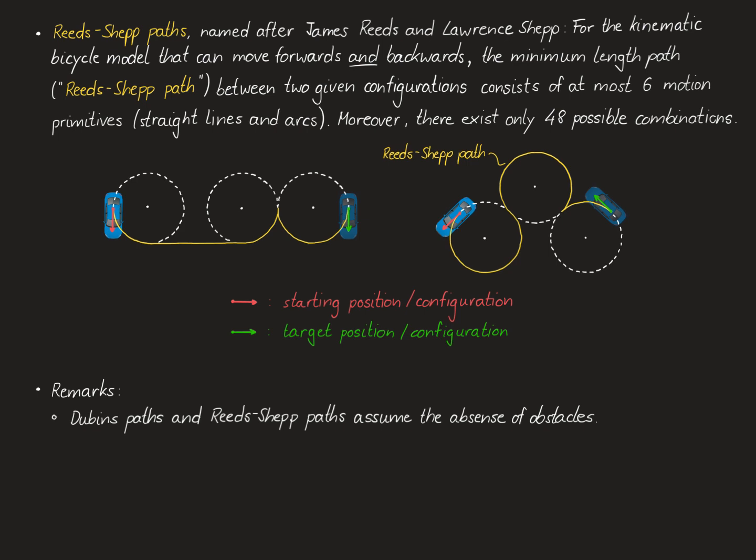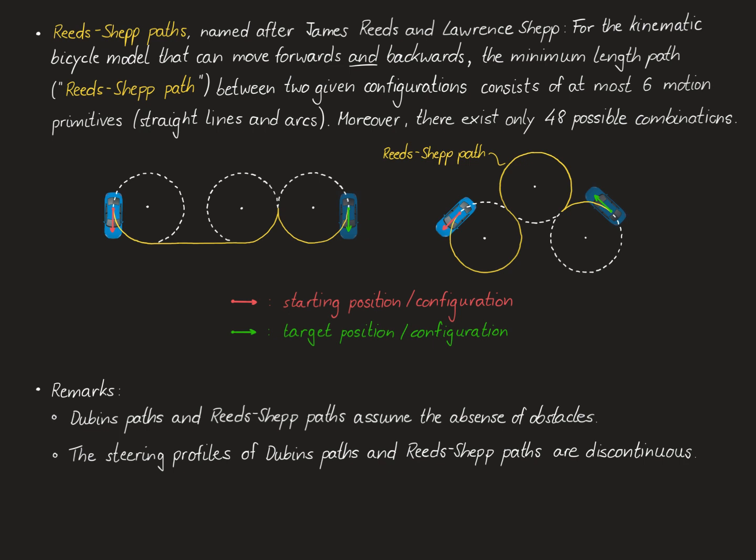However, this is an extension of the original work of Dubin's and Reed and Shep and has been considered by many authors ever since. Second, it's obvious that Dubin's paths and Reed-Shep paths produce steering profiles that are discontinuous.